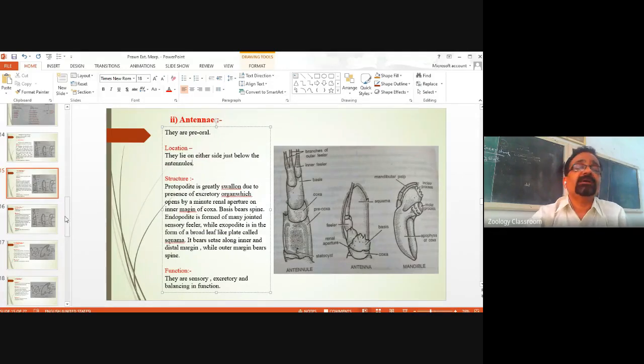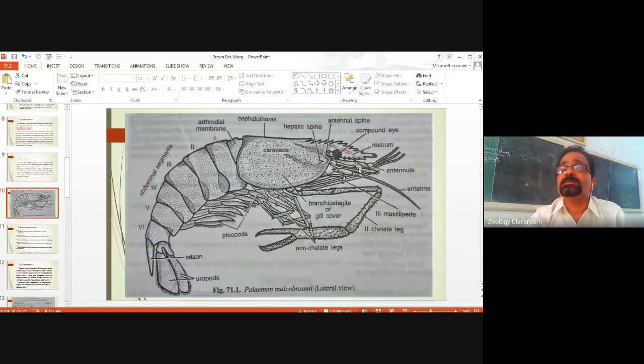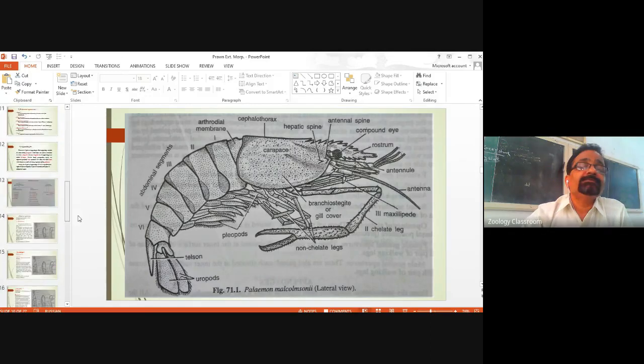And again, I would like to tell you, I will take you back to this. See, this is the position of the antennule, and this is the position of the antenna. So don't get confused with antenna and antennule. Very first is the pair of antennule, followed by the pair of antenna and its position.